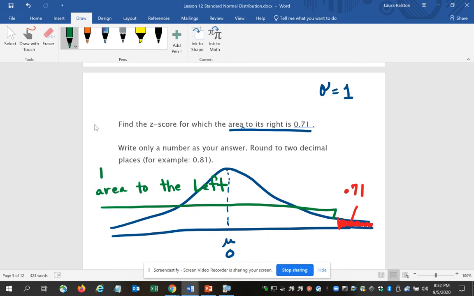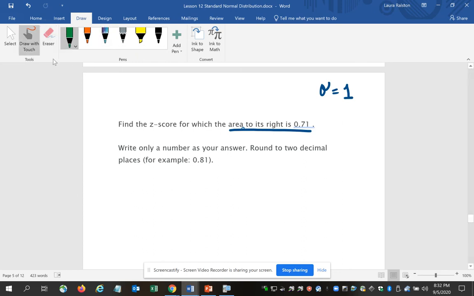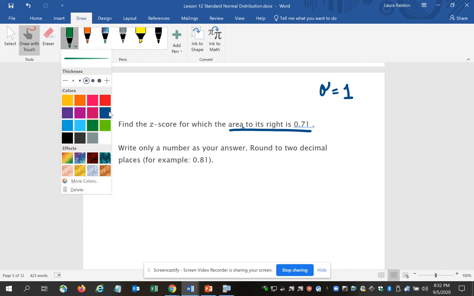So 100% or one whole minus 0.71. And I'm sorry, I don't have that drawn right. That's my fault. I'm sorry. Let me fix it. Let me start over. Miss Ralston got it a little mixed up. I'm entitled to one mistake.